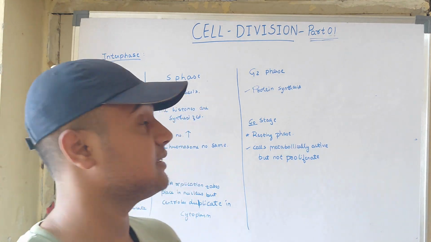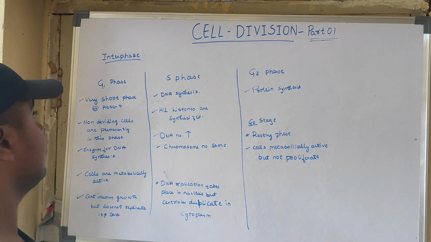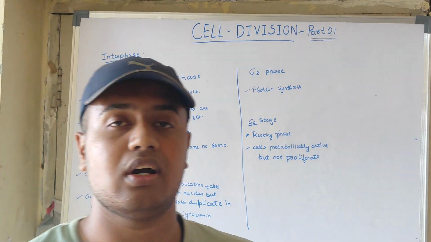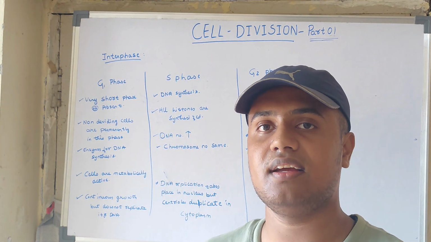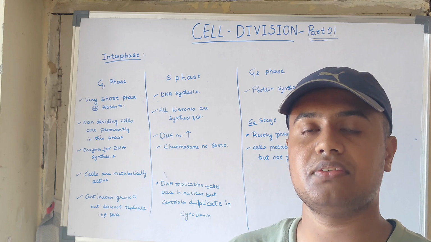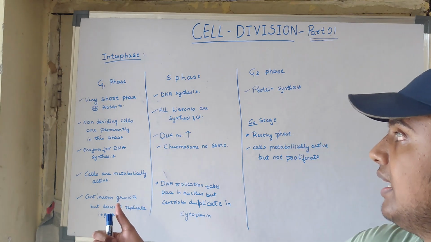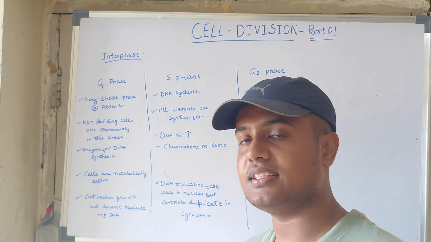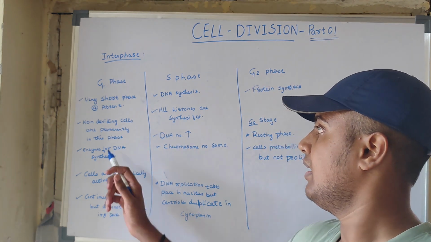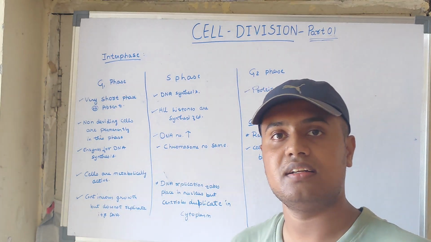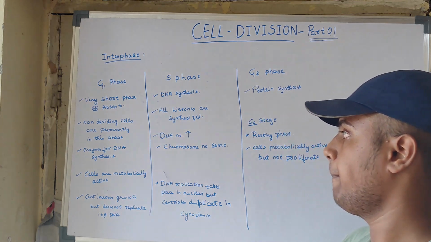First let's discuss the G1 phase. G1 phase is a very short phase, and here no synthesis of DNA or multiplication of cells takes place. In some cases it may even be absent. Dividing cells are permanently absent here.